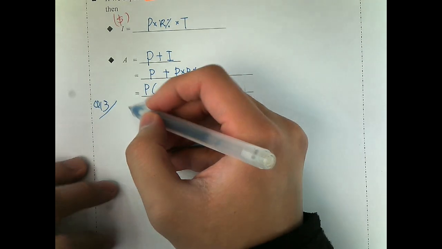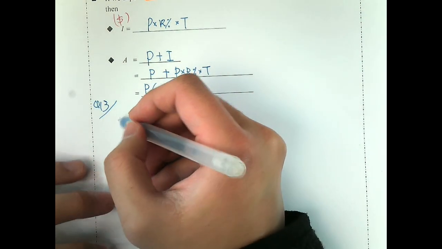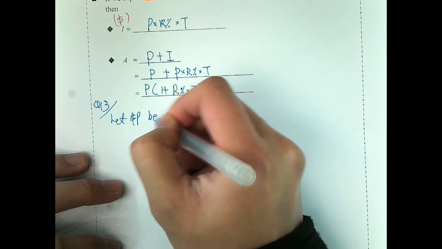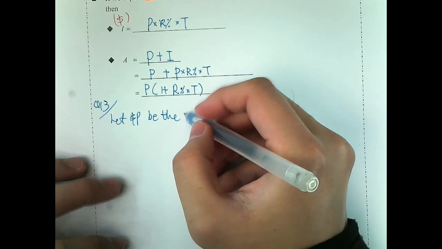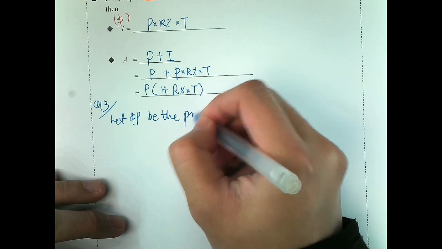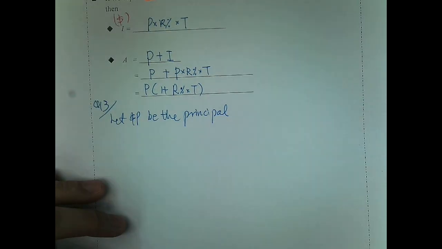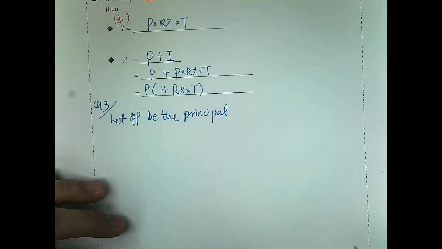So you have to find out P, right? You can let P be the principal. Actually, it is the principal, understand? So what do you have here? You have the total amount, right? The interest.